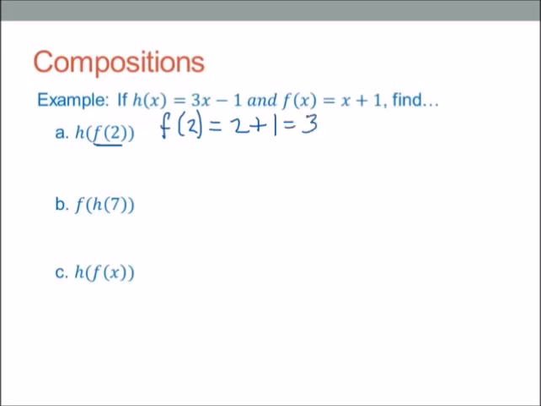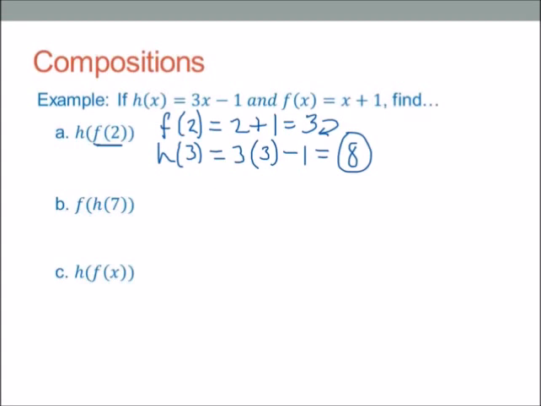Now I'm going to take the 3 and plug it into the next function, which is h. So h of 3: take the x out, put 3 in its spot, so 3 times 3 minus 1, 9 minus 1 equals 8.